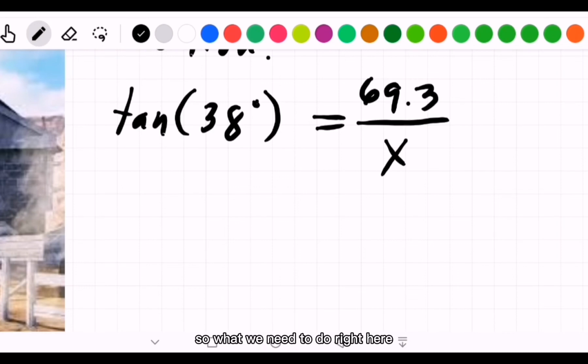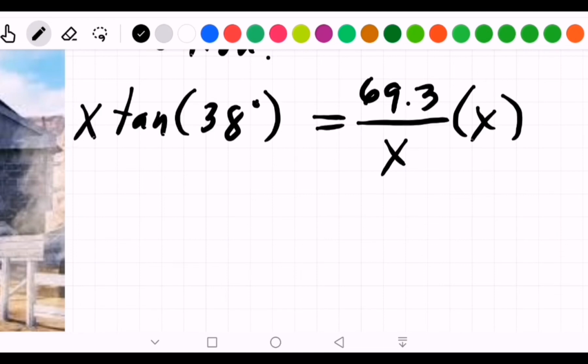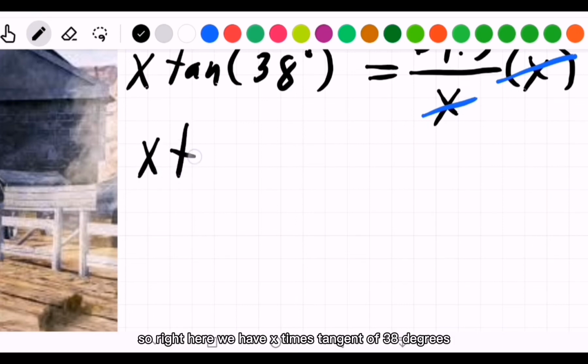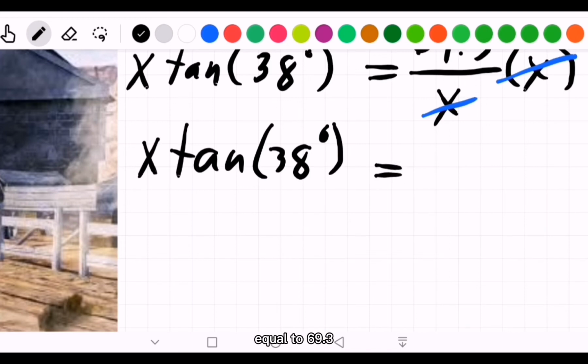So what we need to do right here is to multiply both sides by x so that on the right side x will cancel out and we are left with 69.3. So right here we have x times tangent of 38 degrees is equal to 69.3.